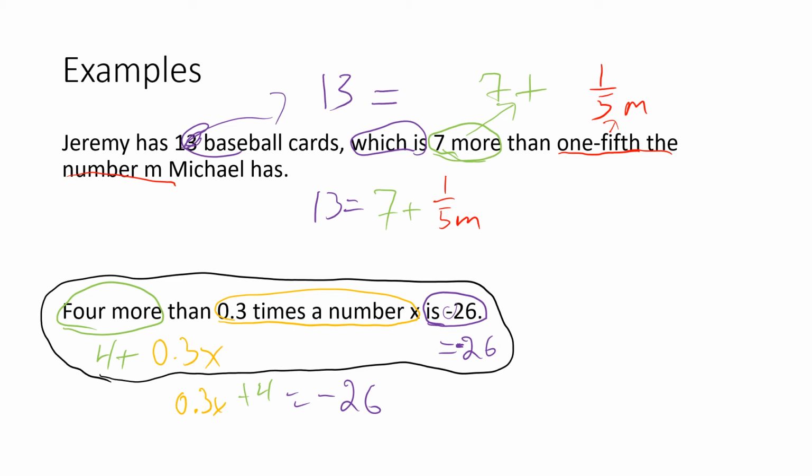We can add in any order that we want to, and therefore this is also an acceptable way to write it. Sometimes when we actually solve for x, we find that it is a little easier to look at it in this order than in this order, at least for me. And it's okay to change that.